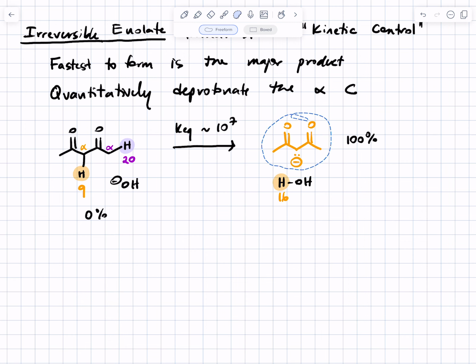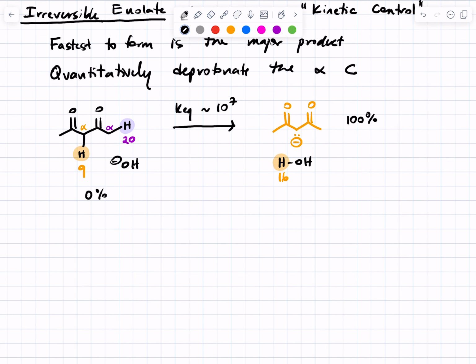All right. So that's irreversible enolate formation. You form the enolate 100%. It would be correct. This is why sometimes I worry a little bit about the kinetic enolate, the thermodynamic enolate.